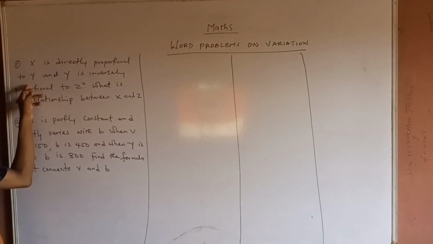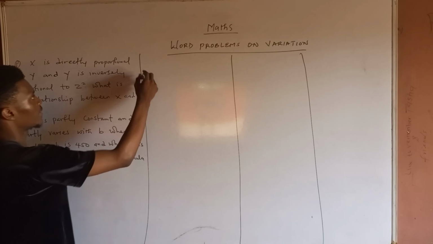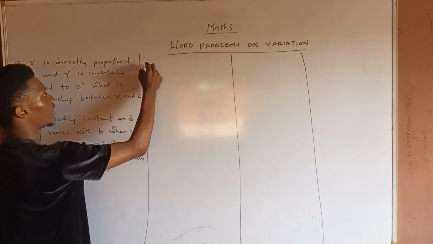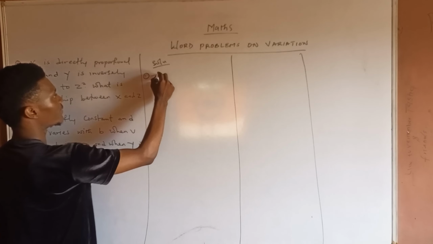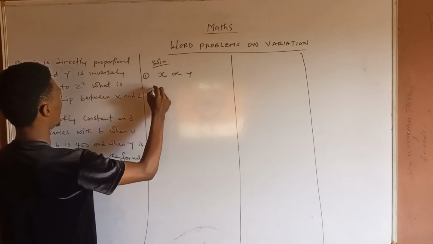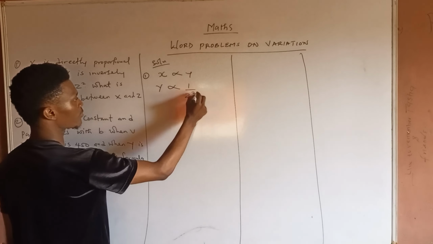X is directly proportional to y, and y is inversely proportional to z squared. What is the relationship between x and z? So let's go. This is coming from joint variation. So solution to question 1, we have x is directly proportional to y, and y is inversely proportional to z squared.